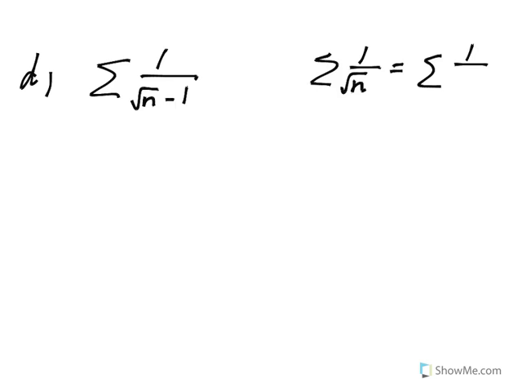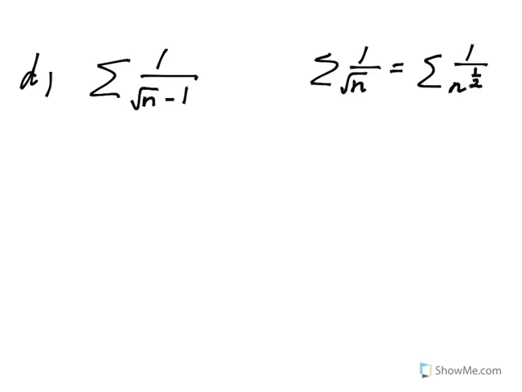D, 1 over square root of n minus 1. So we're going to compare it to 1 over square root of n, or 1 over n to the power of 1/2. So that's another example of a p-series.